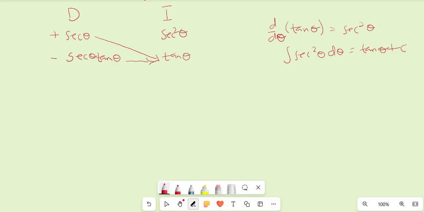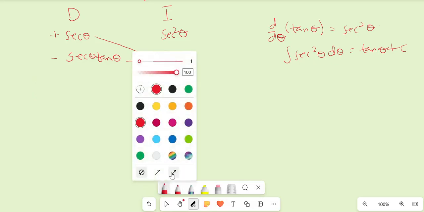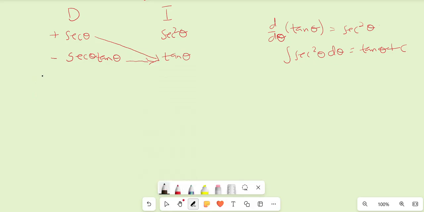So our integral of secant to the third power of theta d theta is equal to multiplying secant theta and tangent theta, which is secant theta tangent theta, minus, that is from here, the integral.